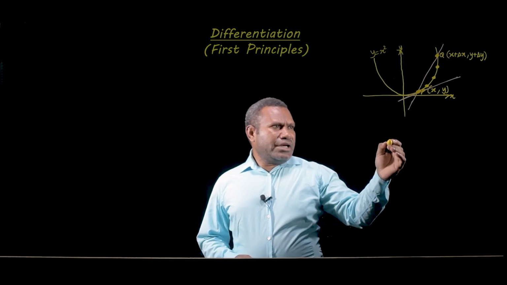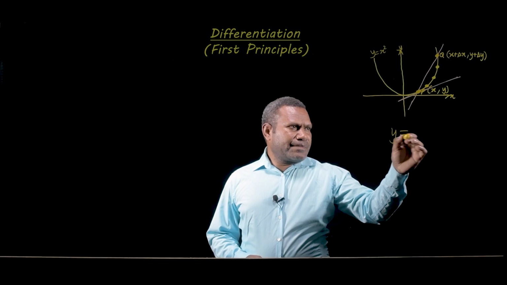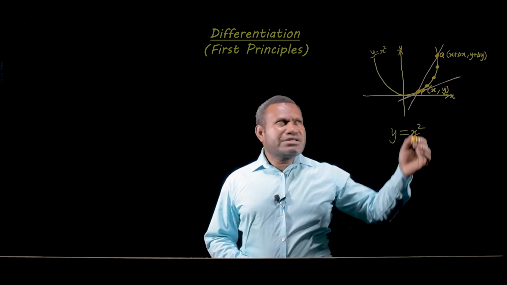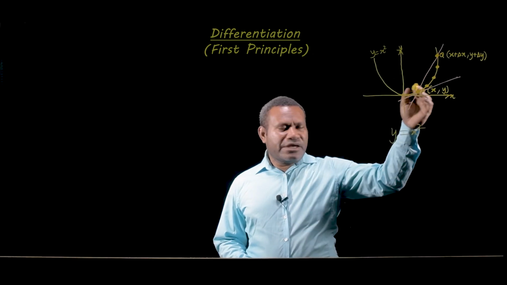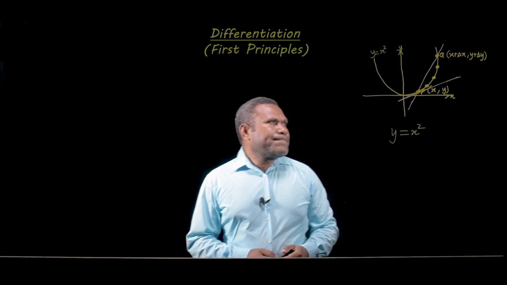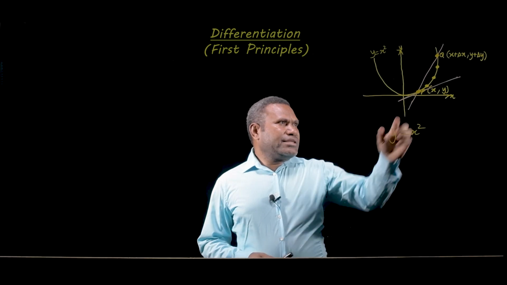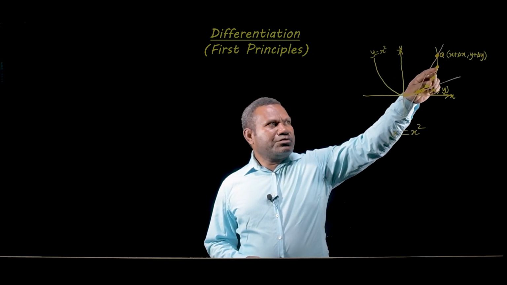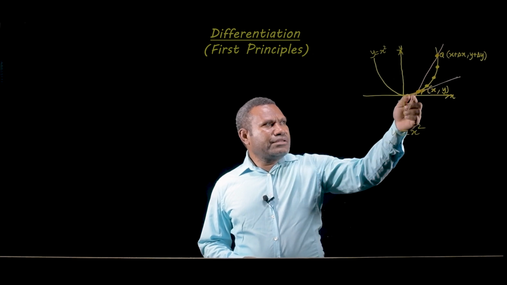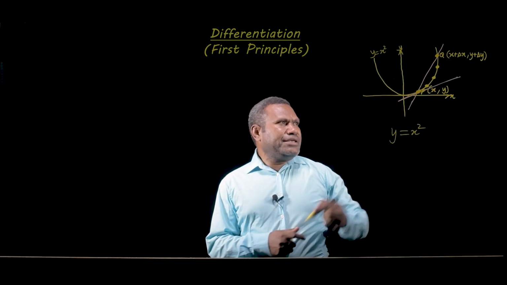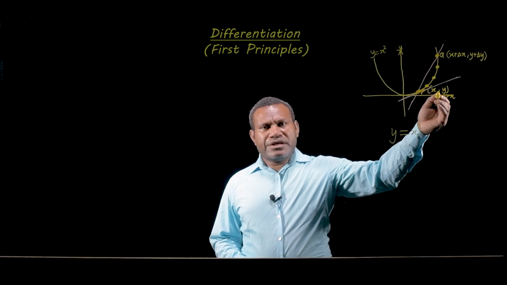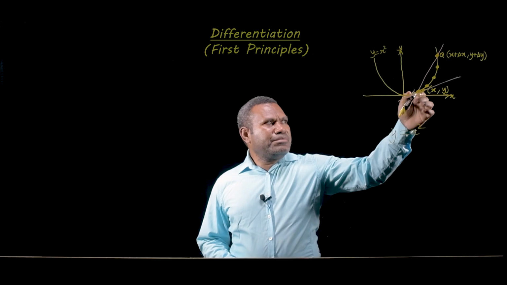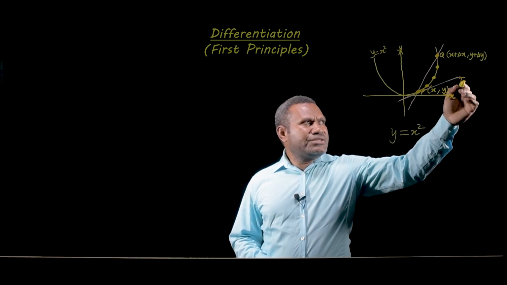Given this equation, y equals x squared, and taking this point here, point Q is on the curve. If I look at this secant here, and I move this to this point, and this point here is point P with the coordinate x, y, this secant, if you move through, becomes what they call a tangent.